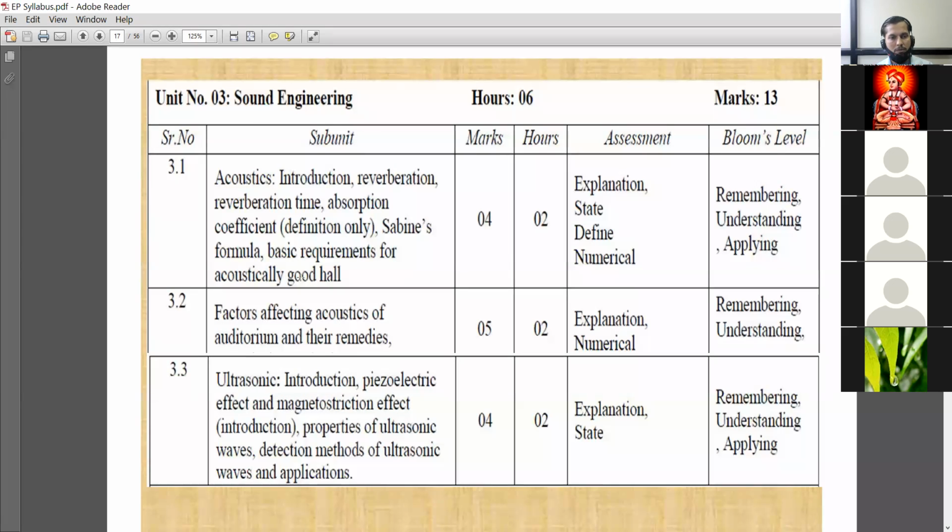Some improvements should be required. ओके, तर त्याच्यासाठी हे सगळे पॉइंट्स आपण बघतोय.